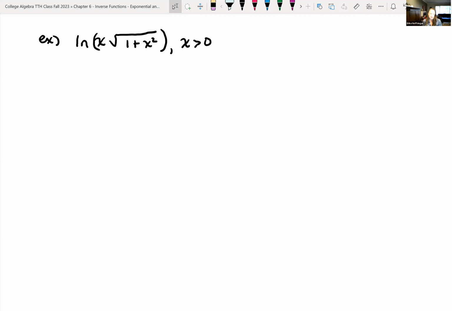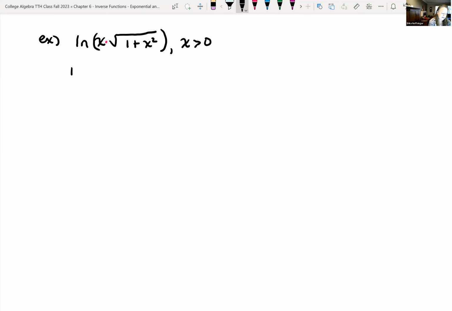That being said, we want to rewrite this as a sum of logarithms, and anything that has an exponent, we want to write as a coefficient in front. So I notice here that I have multiplication between the x and that square root. And by that property, if there's multiplication in the argument, then we can rewrite it as a sum.